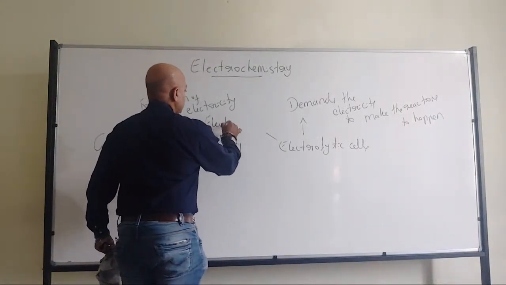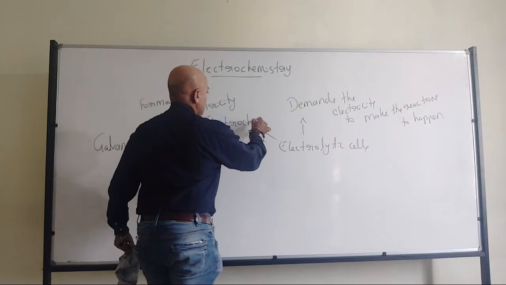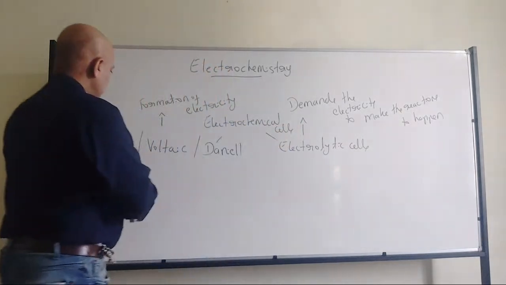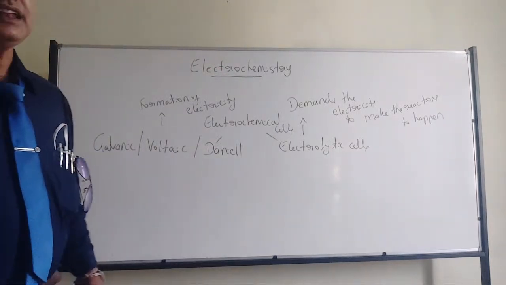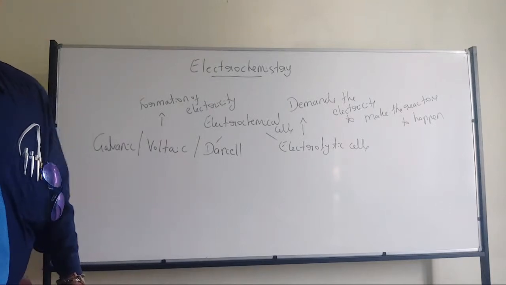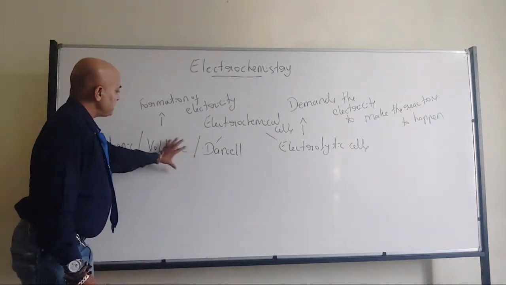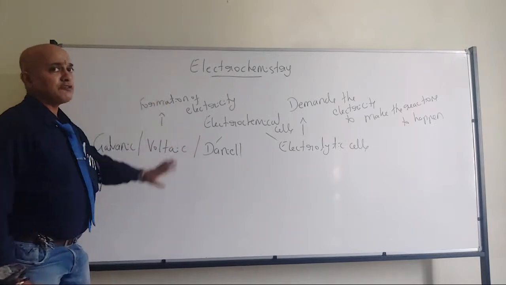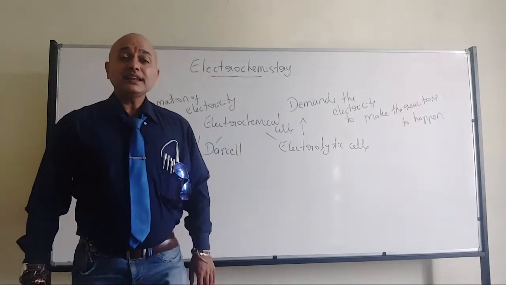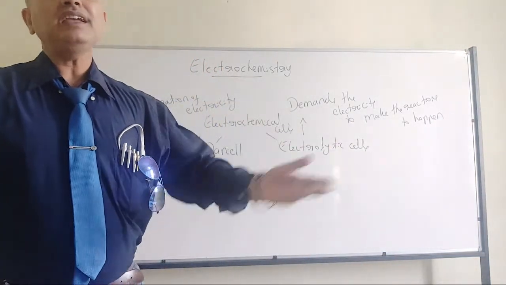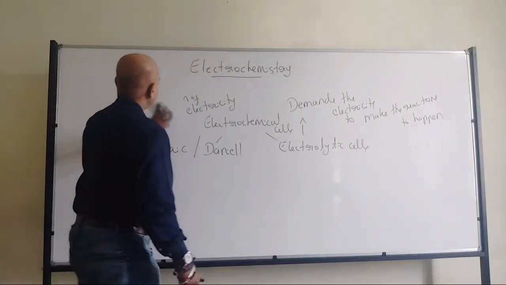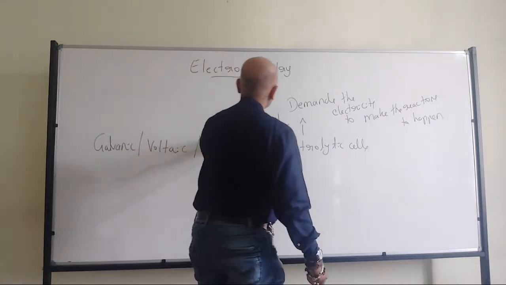One is Daniell cells or voltaic cell or galvanic cell, and the other is electrolytic cells. In the first category, due to the chemical reaction, there will be formation of a voltage. In the second, to make the reactions happen, we have to supply an external voltage.